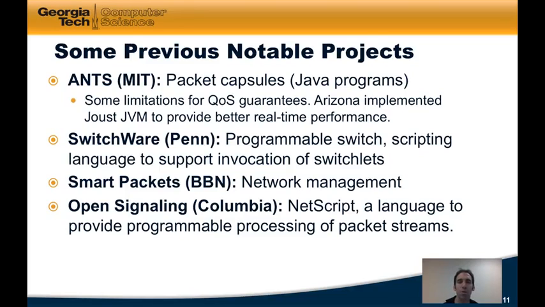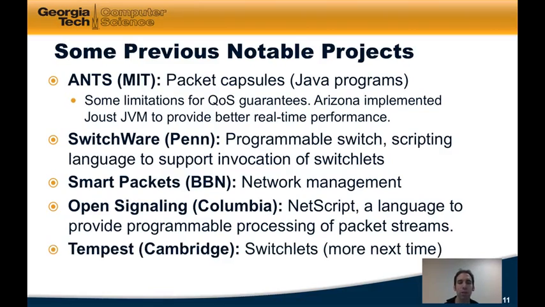We will look at some more modern programmable data planes later on in this course that look a lot like Open Signaling. Finally, there was the Tempest project at Cambridge, which invented something called switchlets, which was a programmable, virtualizable switch, and we'll look a little bit more at that in the next lesson.